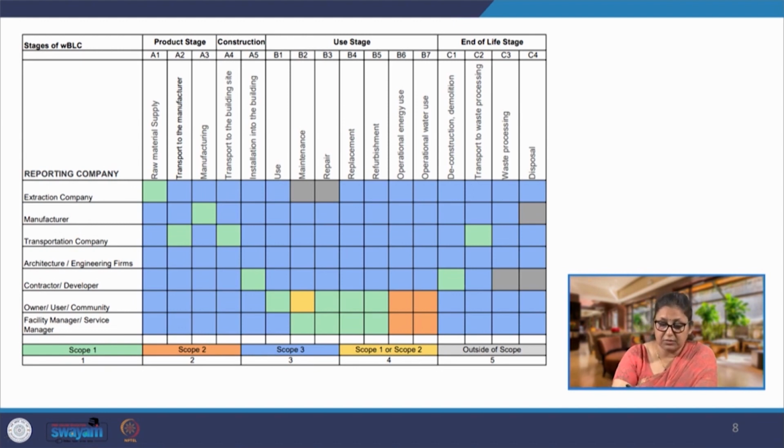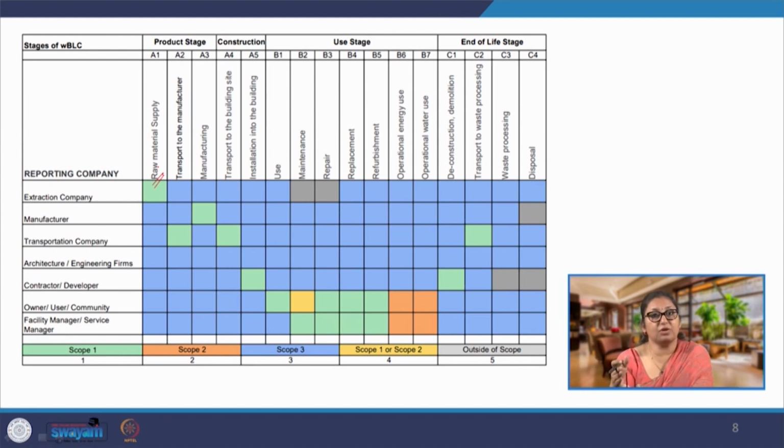Now, here there is very little mention of scope 2 that you would find, because we are only looking at the stages of the building life cycle. So, we are not looking at the detailed activities. When this extraction company is doing this raw material supply, for his own office, for running the machinery, for a lot of different activities for carrying out this extraction process, he might be using fuel like electricity.